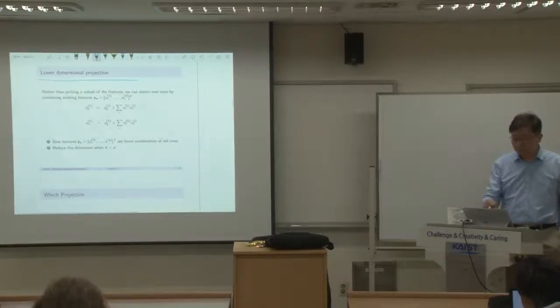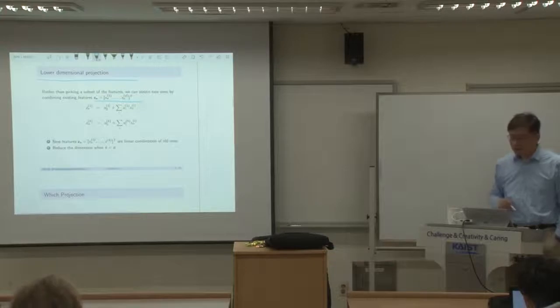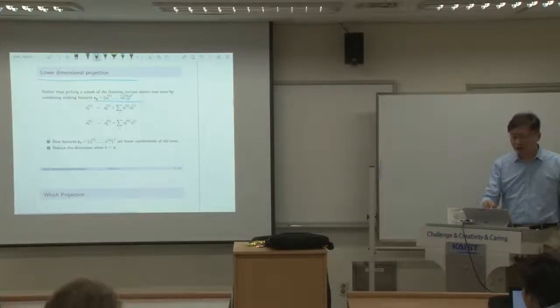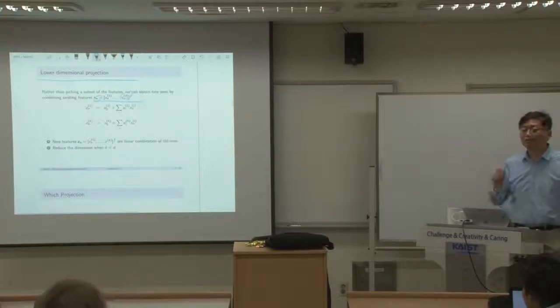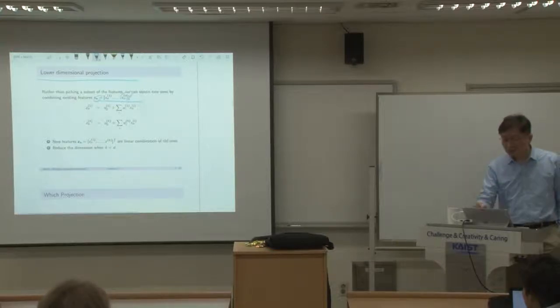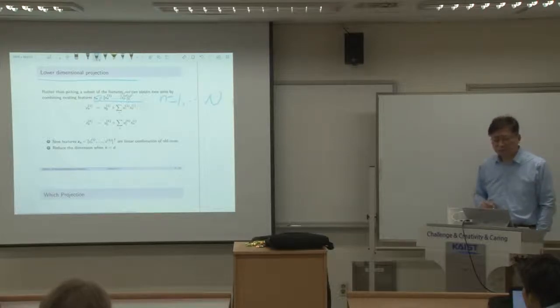So let's say I have data that is D dimension. And I have lots of data, and the nth data, n is going from 1 through N. N is huge, and D is the dimension.